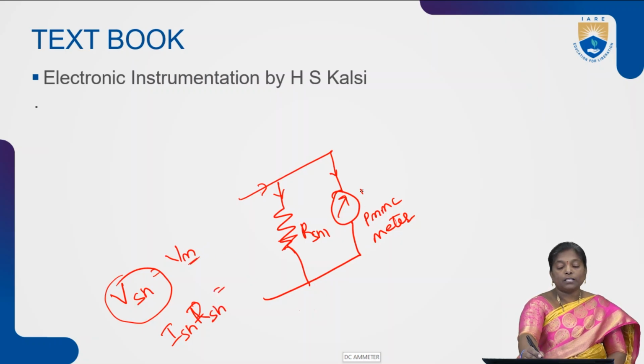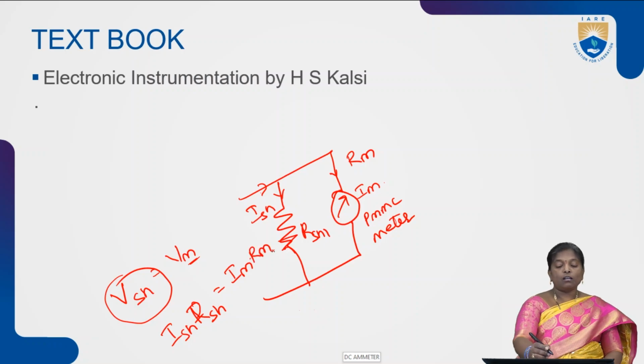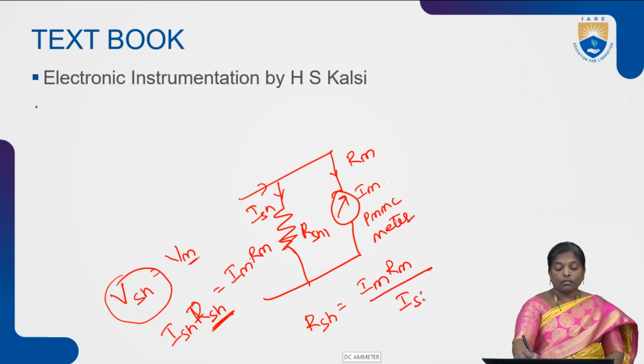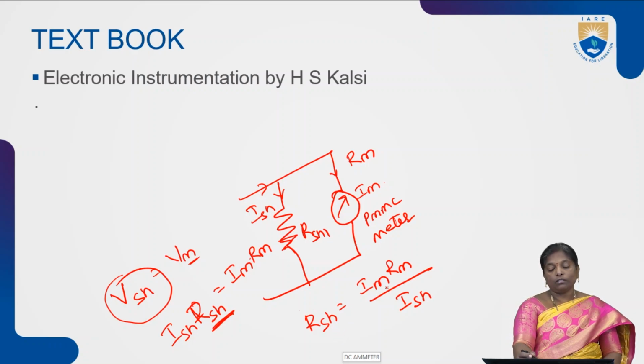VM means the current passing through the meter into the internal resistance present across the meter, IM into RM. So from this we can find the unknown or parallel resistance as RSH equal to IM into RM by ISH. Here ISH represents the shunt current and IM represents the current across the meter.